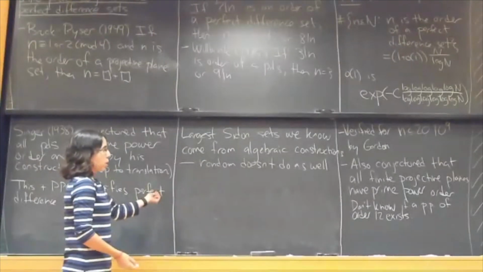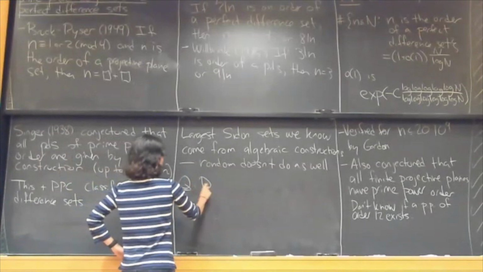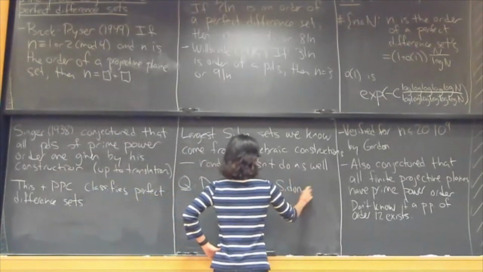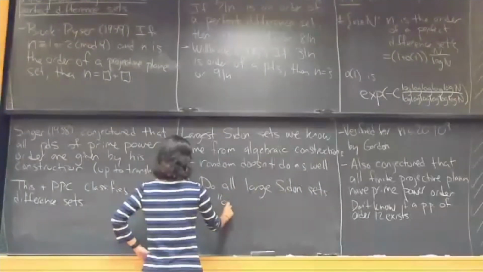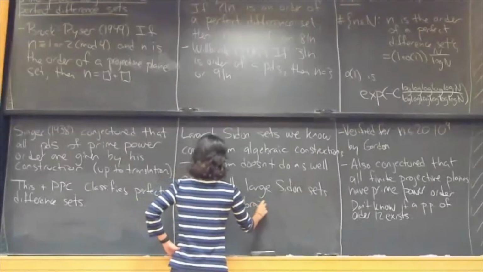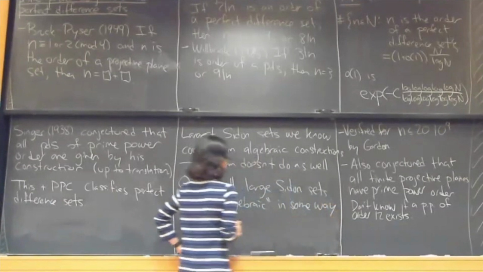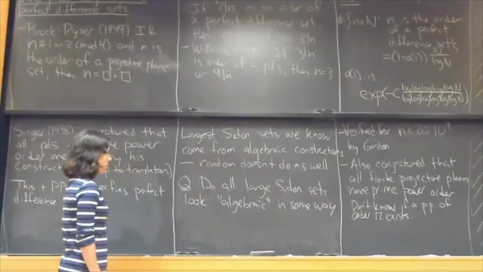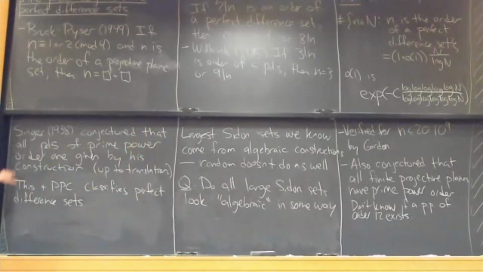So these give the largest examples we know, and then the question is, do all large Sidon sets look algebraic in some way? And I think this is a thing that we can't be more precise about asking. And so if one were to prove the prime power conjecture and then this conjecture of Singer, one would at least know the answer to this question in some very special case.